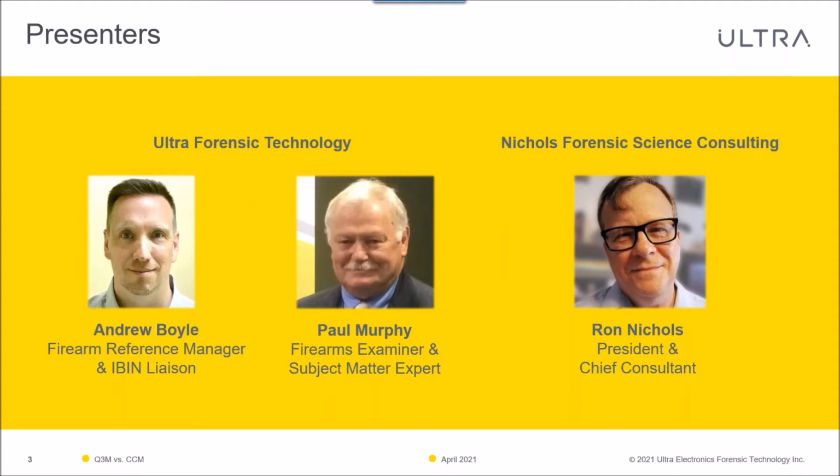Next, Paul Murphy is currently the Senior Firearms Technical Advisor and Subject Matter Expert for Ultra Forensic Technology, a position he has held since 2005. Paul has been a forensic firearm examiner since 1984 and served in the South African Police for 22 years, including 15 years at their Forensic Science Laboratory, where he worked more than 6,000 firearm and toolmark-related cases.